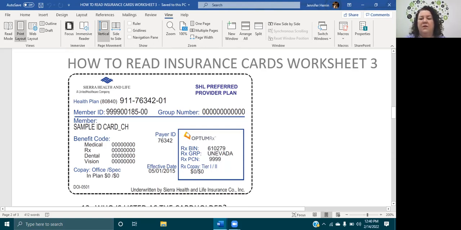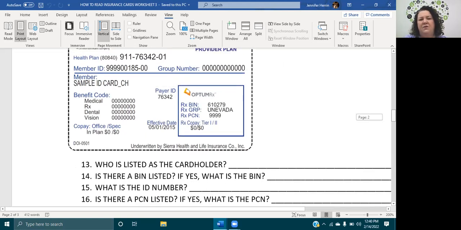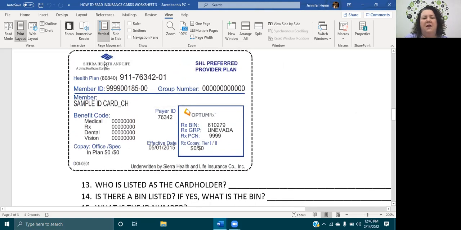And also this particular plan, not only does it have a carrier listed, the provider and carrier are kind of used interchangeably. But again, the health insurance company is Sierra Health and Life, and the insurance company or the carrier is going to be United Healthcare Company.